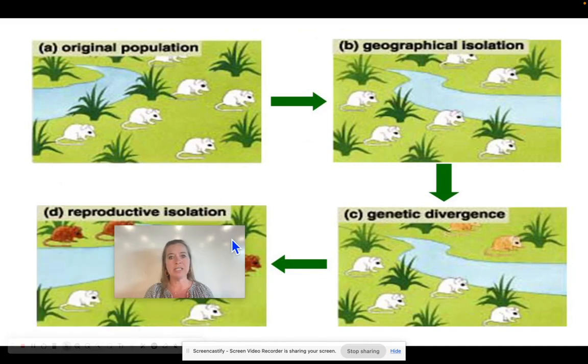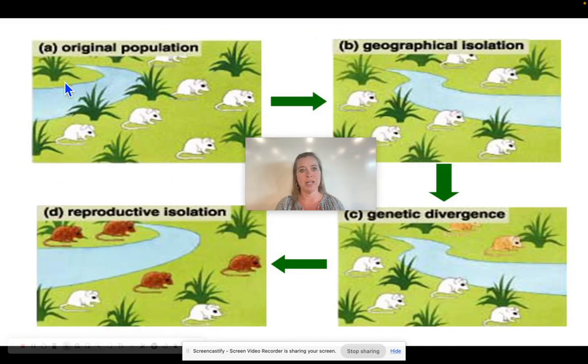Here's the original population. A river changes course and starts to run through the original population, separating this population from this one. Mutations accumulate in one of the populations, and so when the river returns to its normal flow, the new populations are no longer going to interbreed.